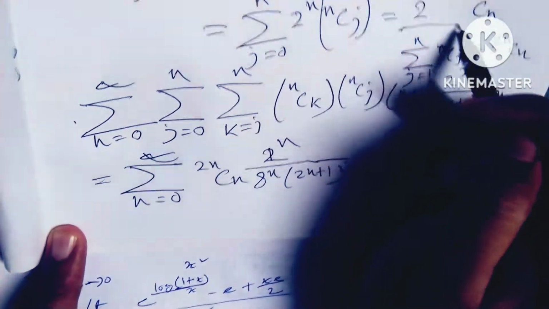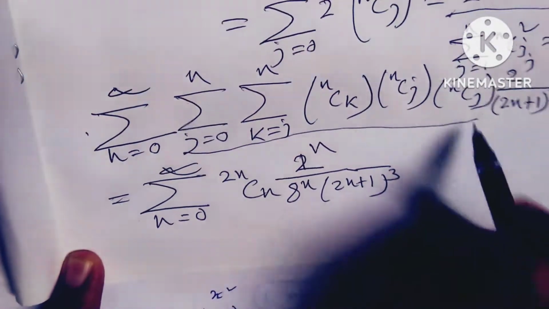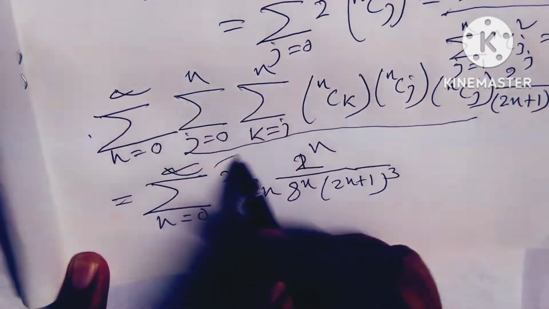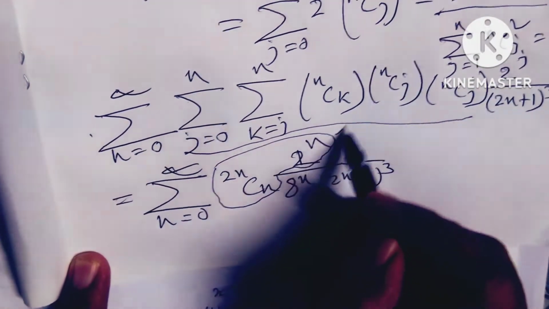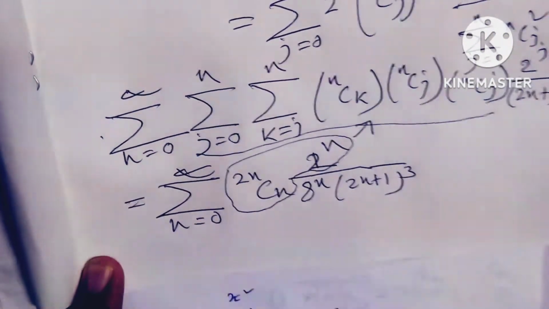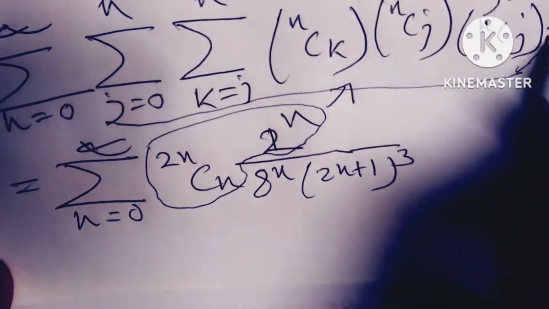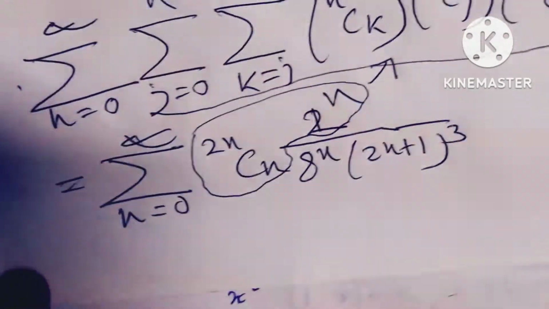This portion, friends, I just marked out because this portion is equal to this portion, and 2 to the power j with this portion. I hope I can clear this concept.